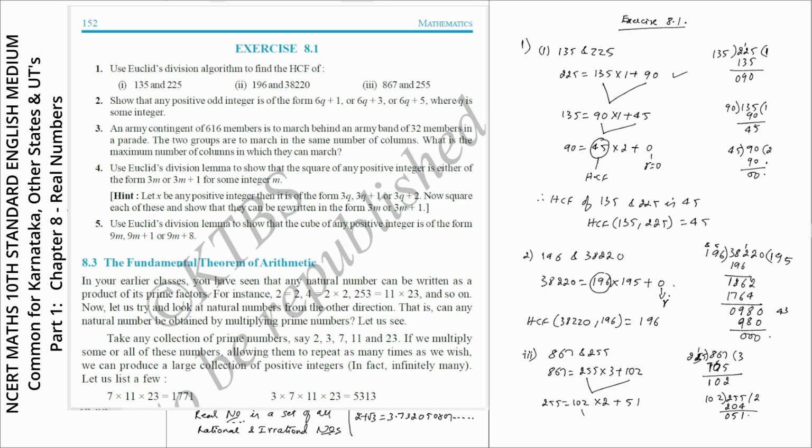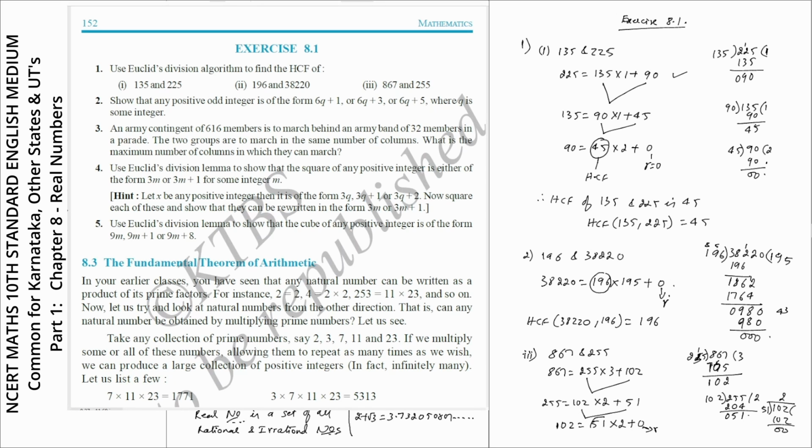Now if I take these two, now 102 divided by 51. Now it's clearly divisible. You can check it out. 102 divided by 51 is 2. 51 into 2 is 102. So 0. So 51 into 2 plus 0. Therefore remainder R is equal to 0 I am getting.